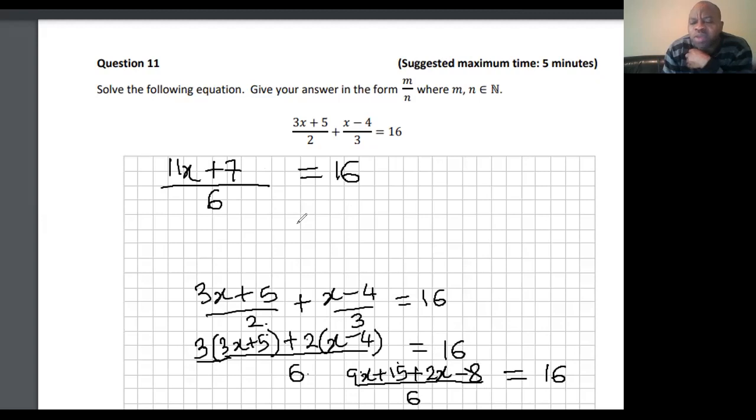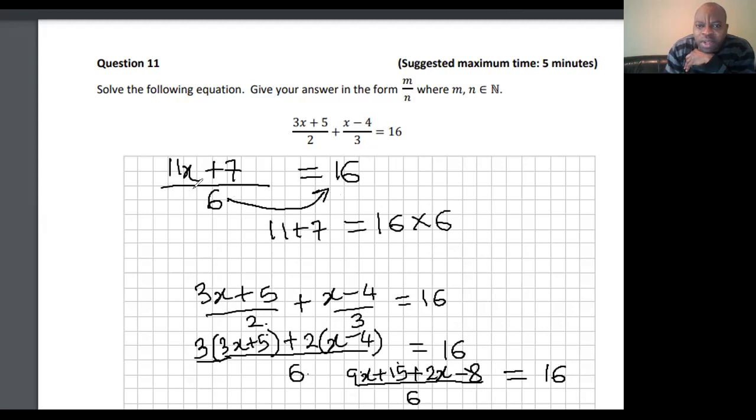Now, what you can do is this. You see, this 6 is at the bottom here, dividing this. So remove the 6 and let it come to the other side and meet with 16. Because it's dividing here, it comes to the top and will multiply 16.